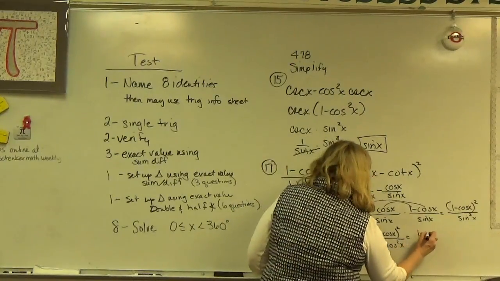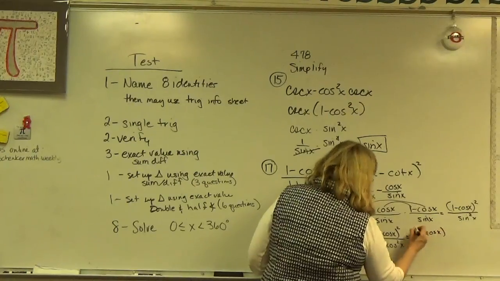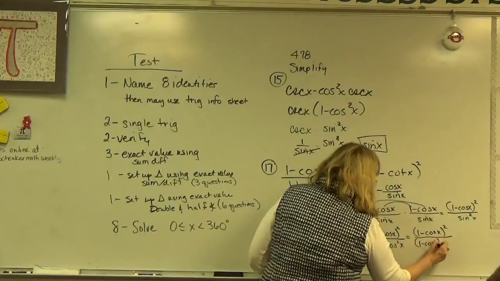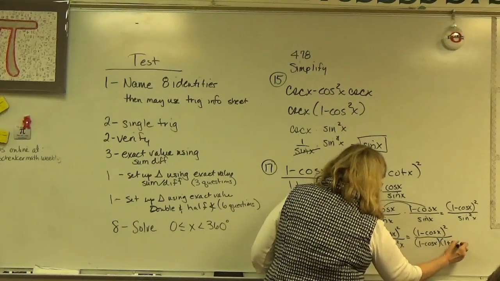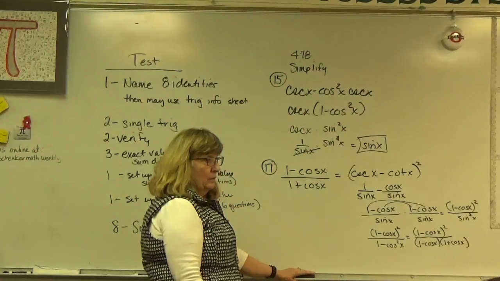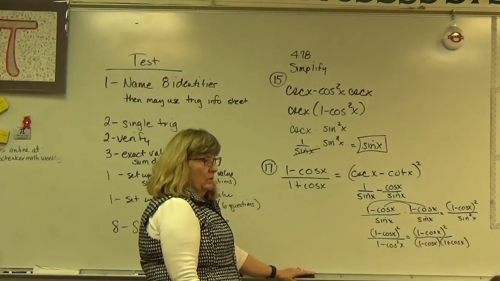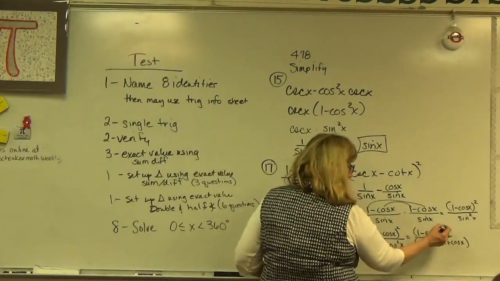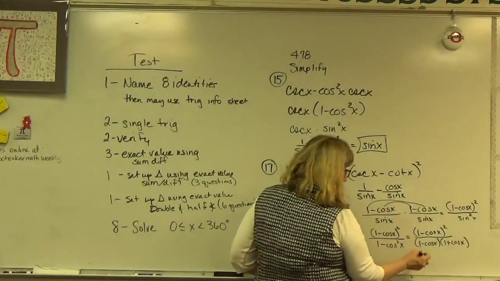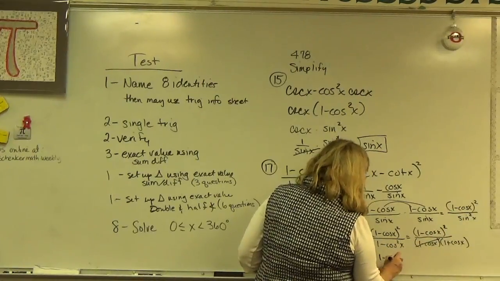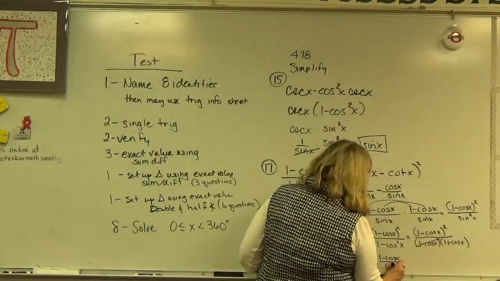That's the difference of squares, so that would be 1 plus cosine, 1 minus cosine. And the squares cancel. Then this cancels one of those, so you'd be left with 1 minus cosine over 1 plus cosine.